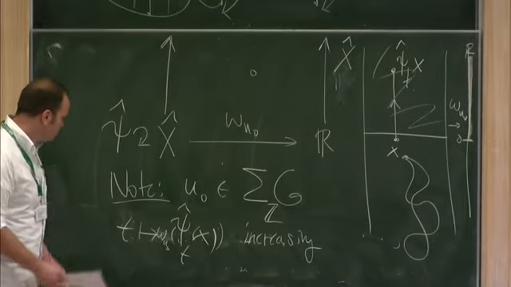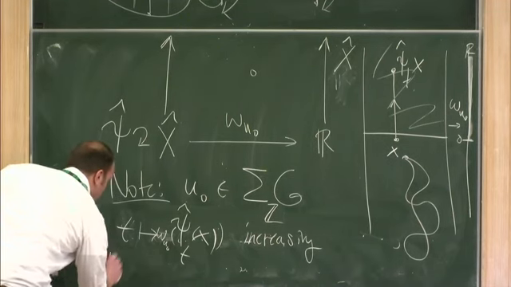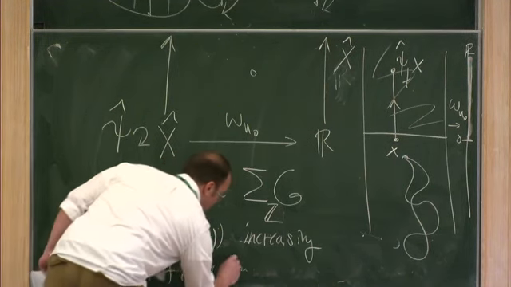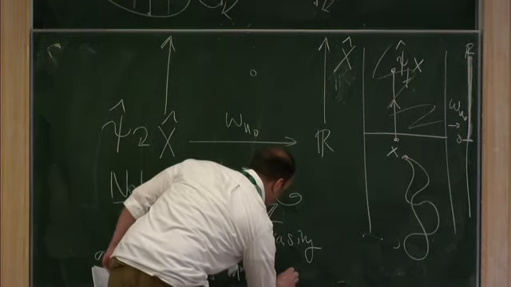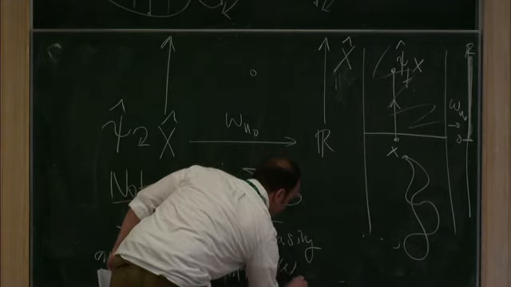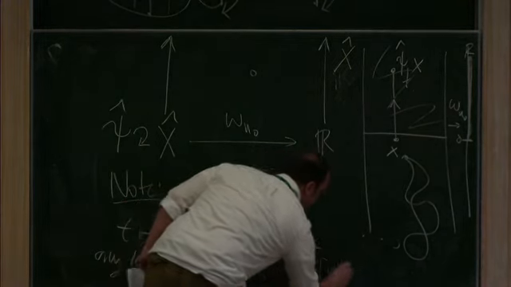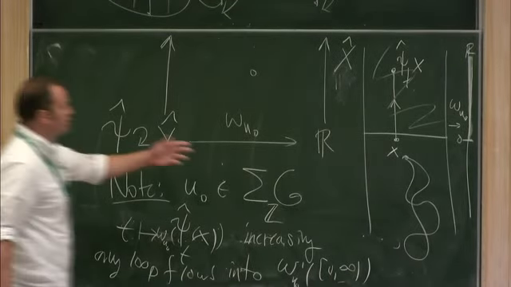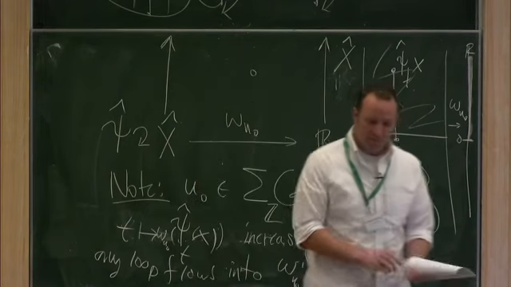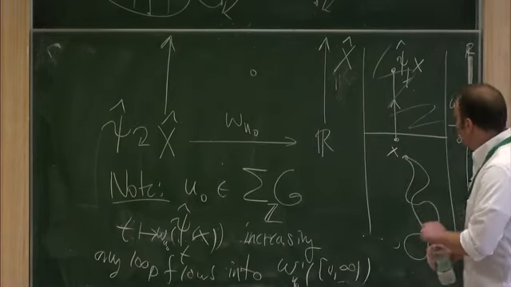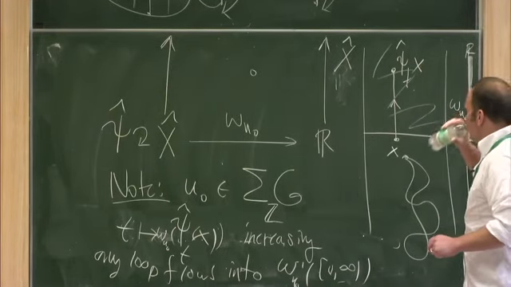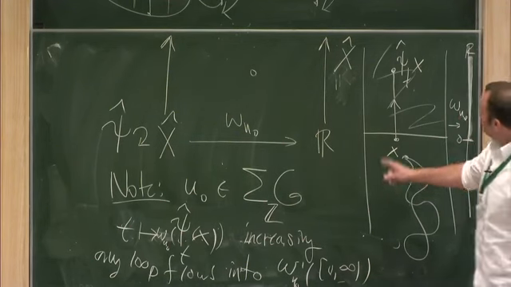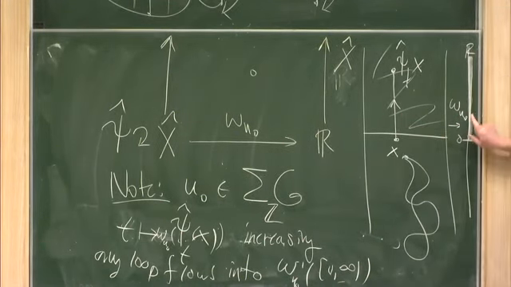So any loop flows into omega u naught inverse of 0 infinity. So in particular, the map on pi 1 is surjective. Actually, the only thing that was important here was that these flow lines map over injectively.